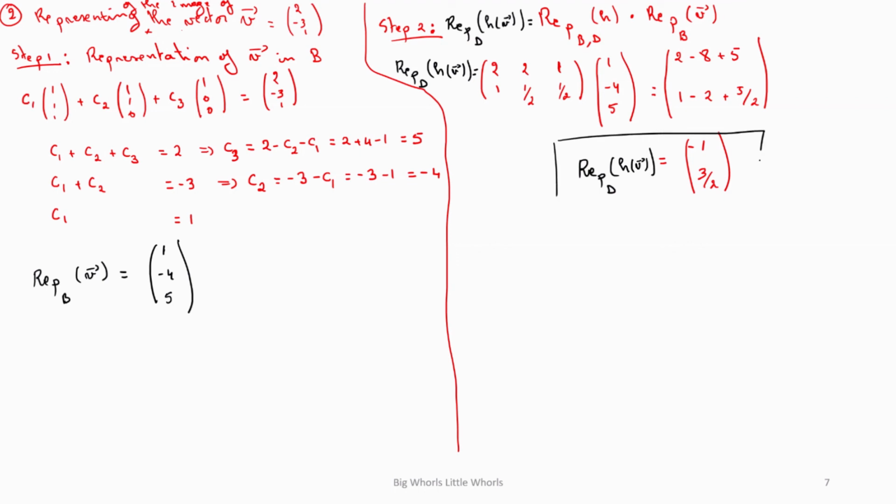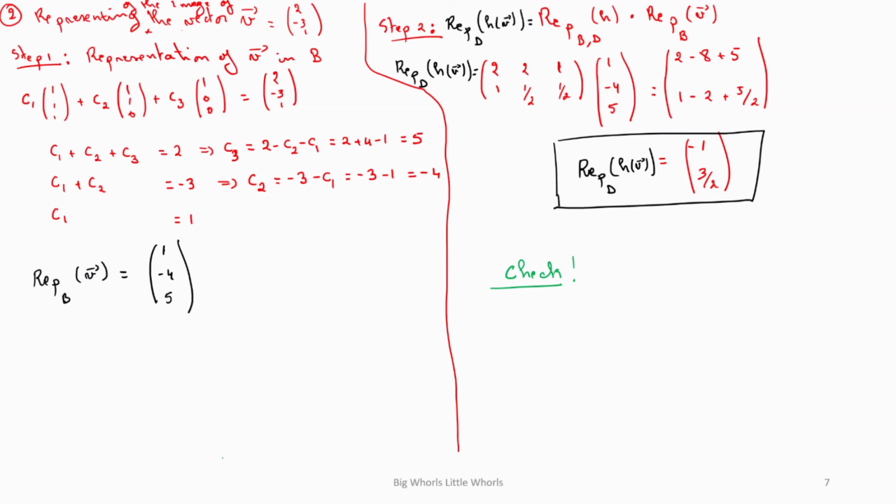Okay, good. Now we can do a small check. Okay, let's check if that was correct. So let's check. We can just take that vector and see the action of H on that vector.